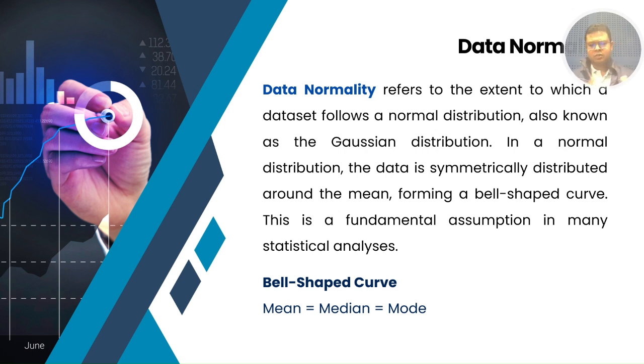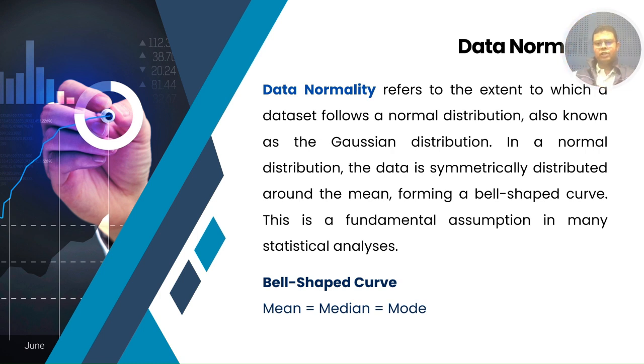In some cases it is called the bell distribution. In a normal distribution, the data is symmetrically distributed around the mean, forming a bell-shaped curve. For example, when you go to a Hindu prayer center, you will see a big bell.